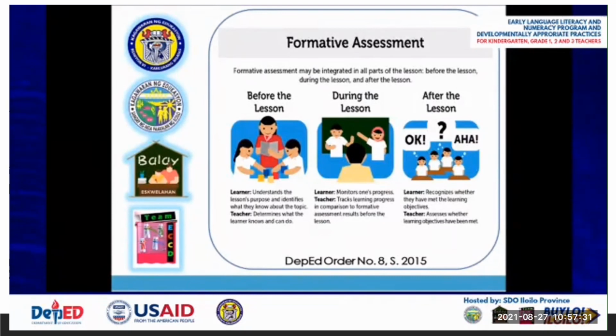The teacher tracks learning progress in comparison to formative assessment results before the lesson. And after the lesson, the learner recognizes whether they have met the learning objectives, and the teacher assesses whether the learning objectives have been met.